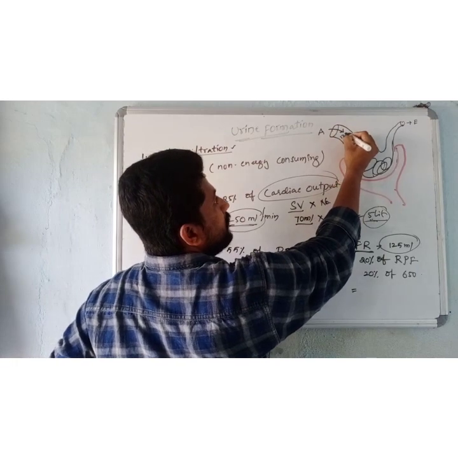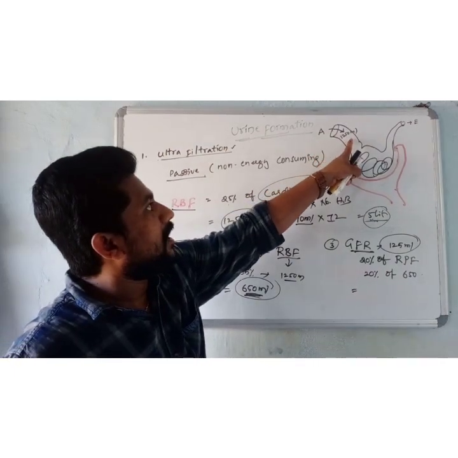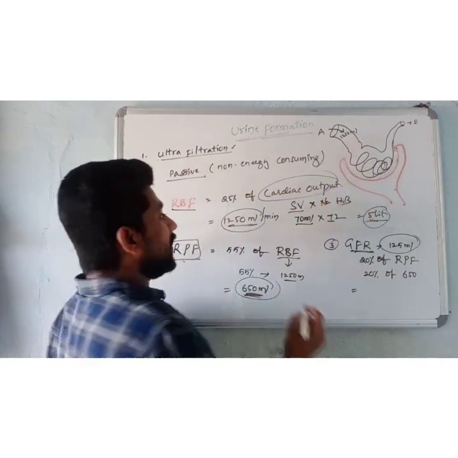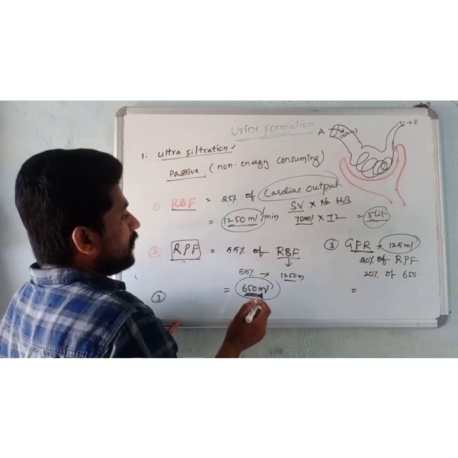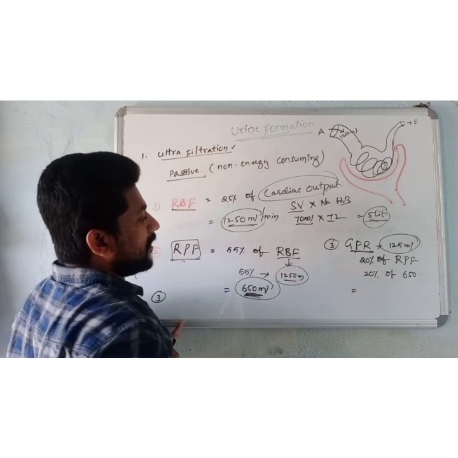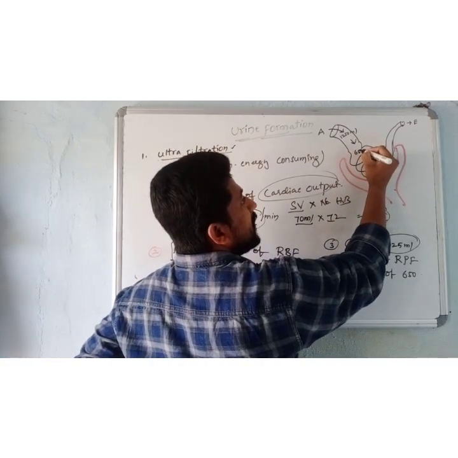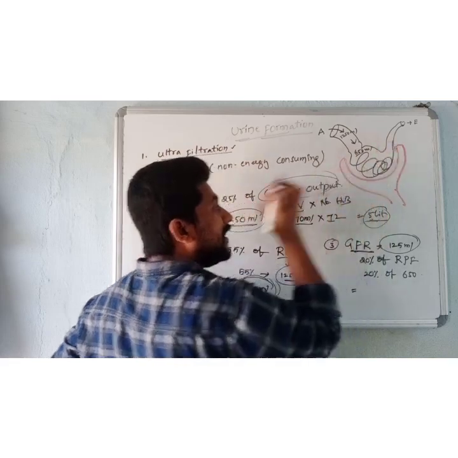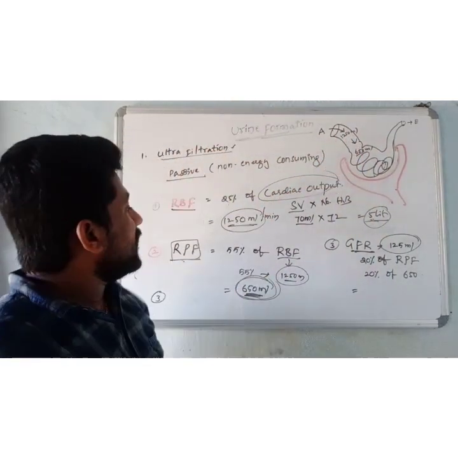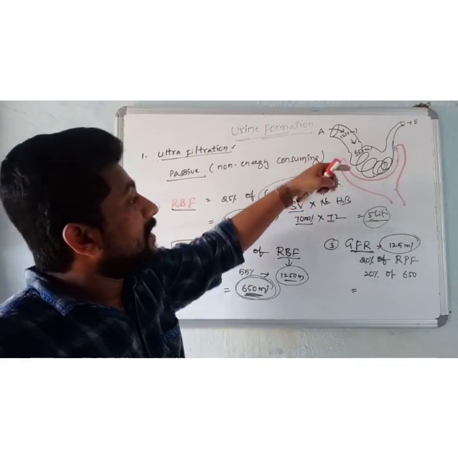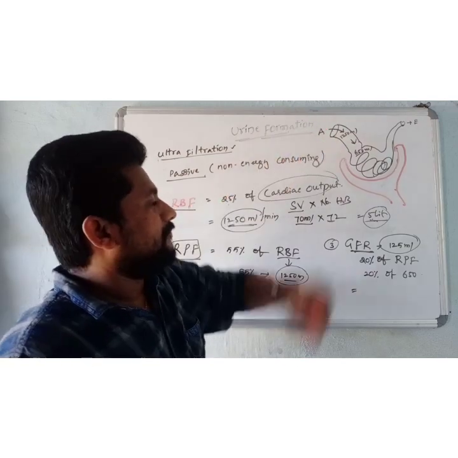Here 1250 ml of renal blood flow enters our glomerulus. But in the 1250 ml, only nearly 650 ml is plasma, which is responsible for the filtration. Why? Because the remaining 45% is present in the form of blood cells, which are not filtrate.